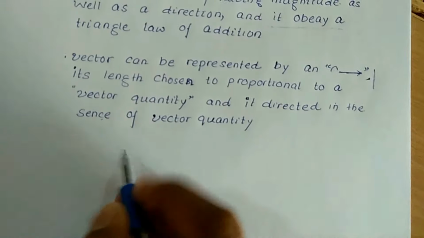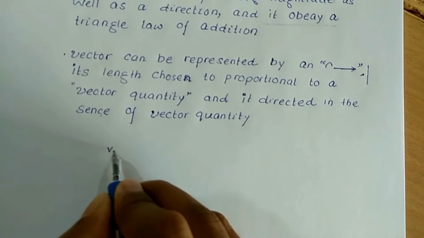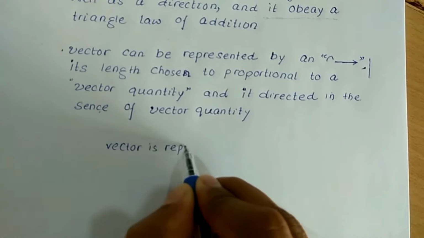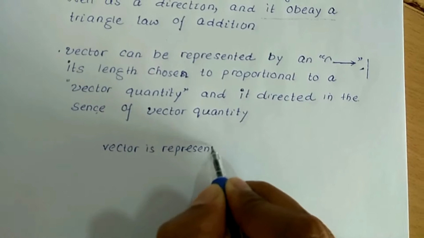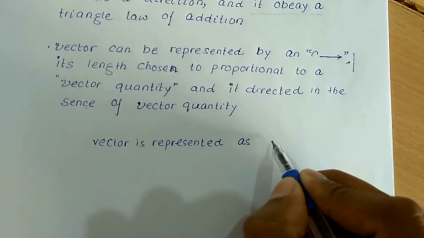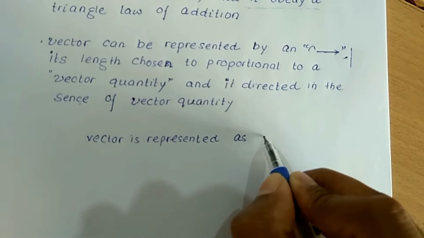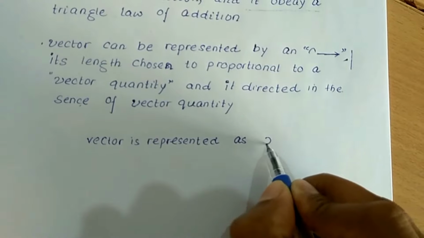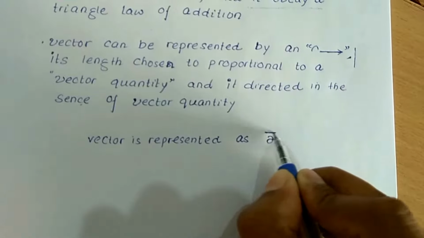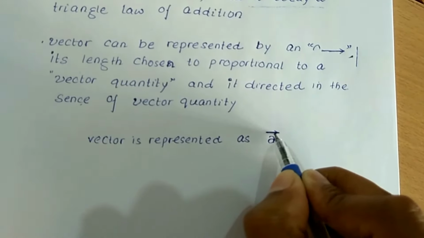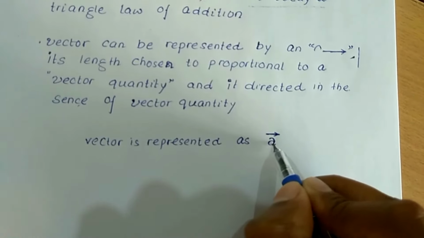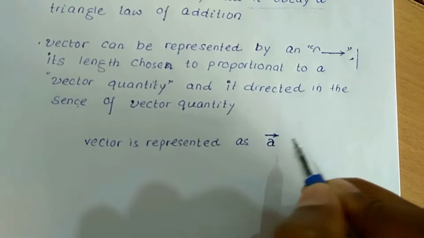Now a vector is represented as alphabetical symbols, generally a small letter like A and V, with a symbol arrow given on its head. In books it is boldly represented.